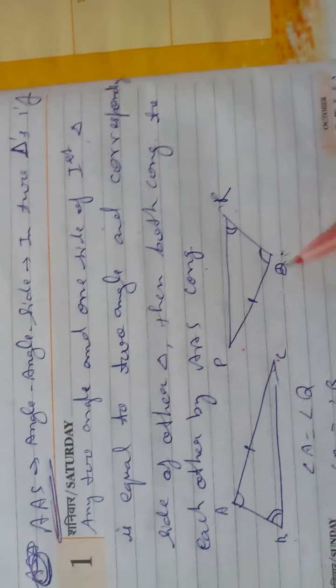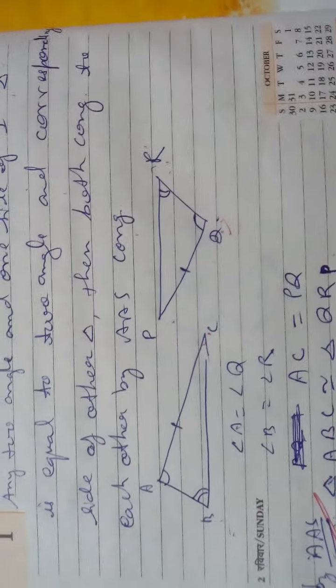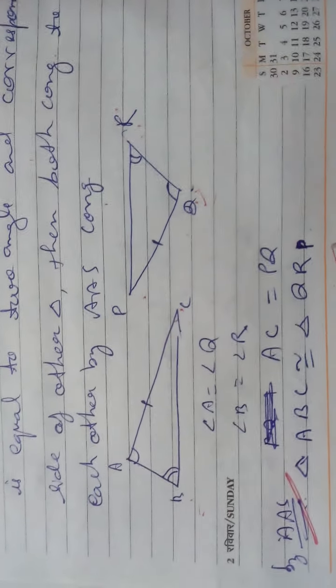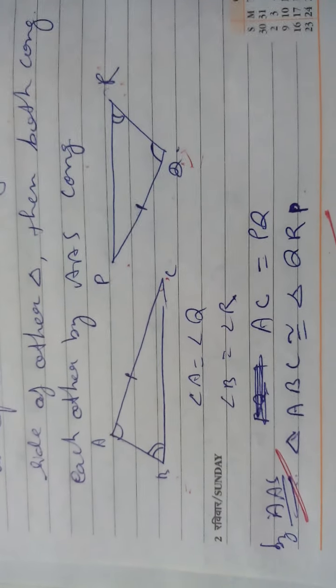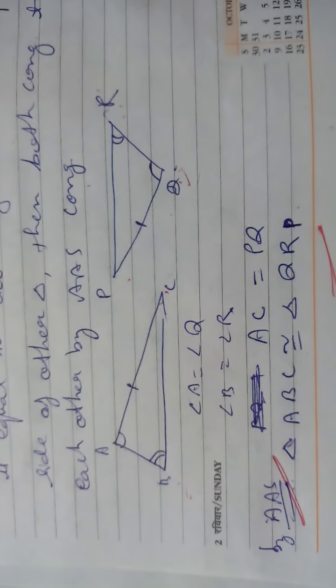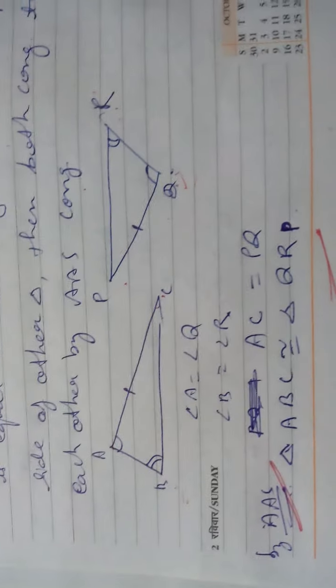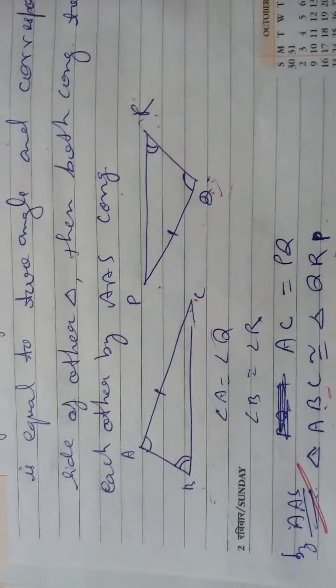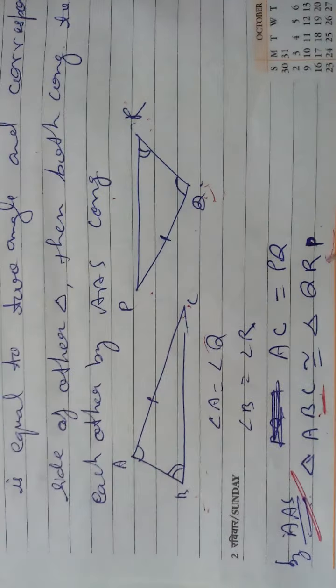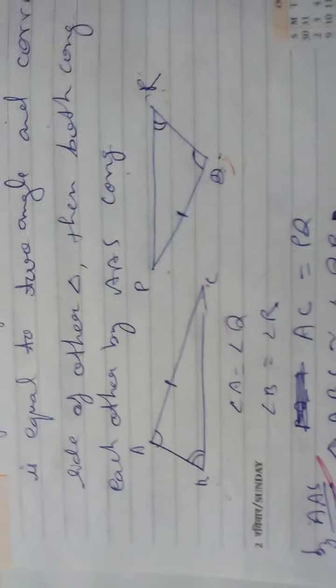So by AAS, triangle ABC is congruent to QRP. It is the congruent figure. Now for the rest of the parts, BC is equal to RP by CPCT.